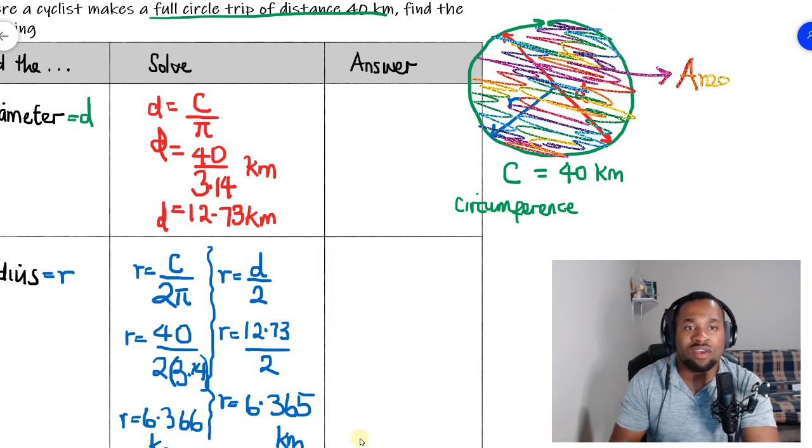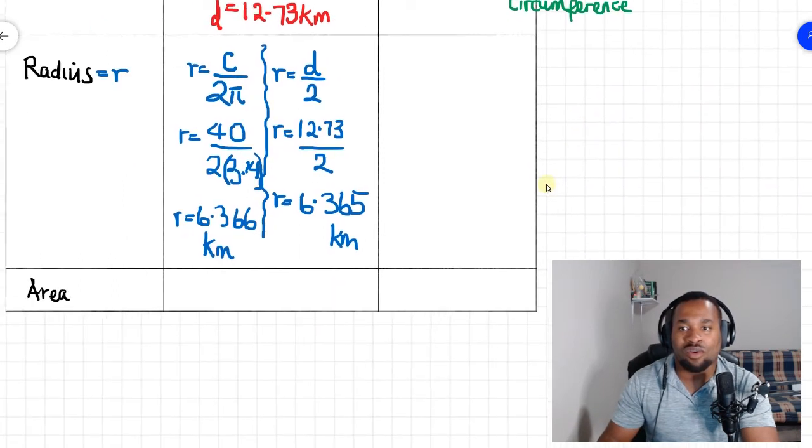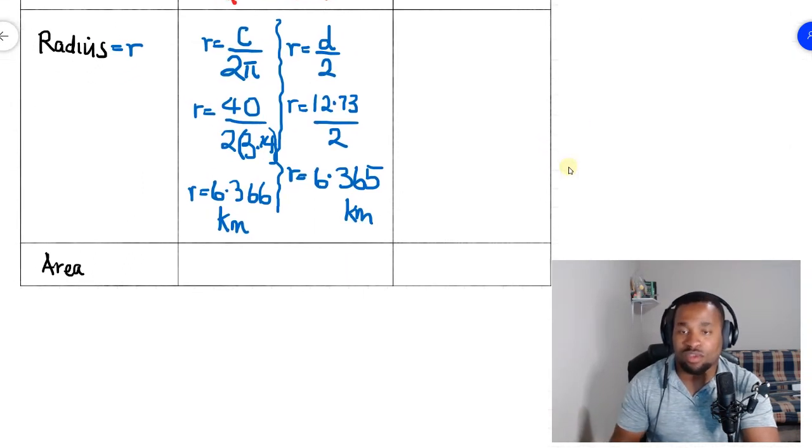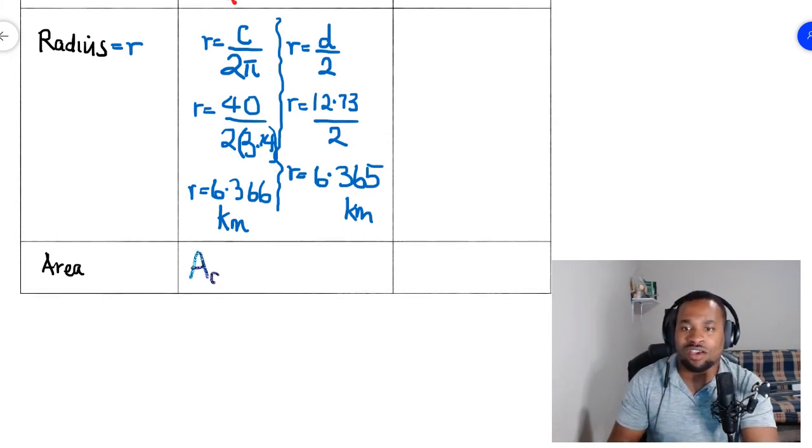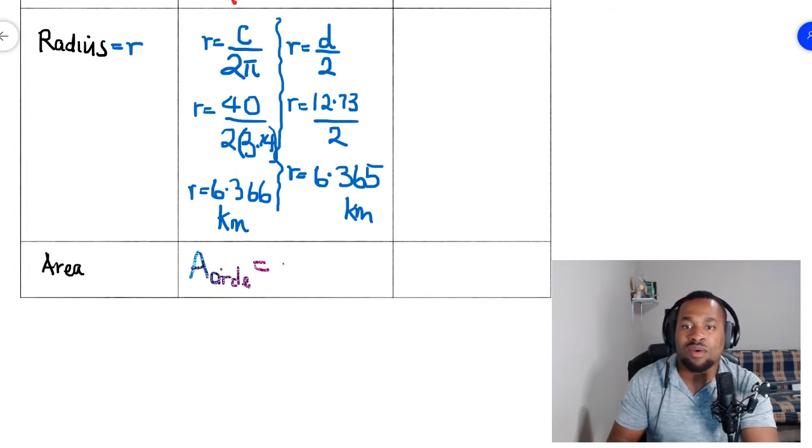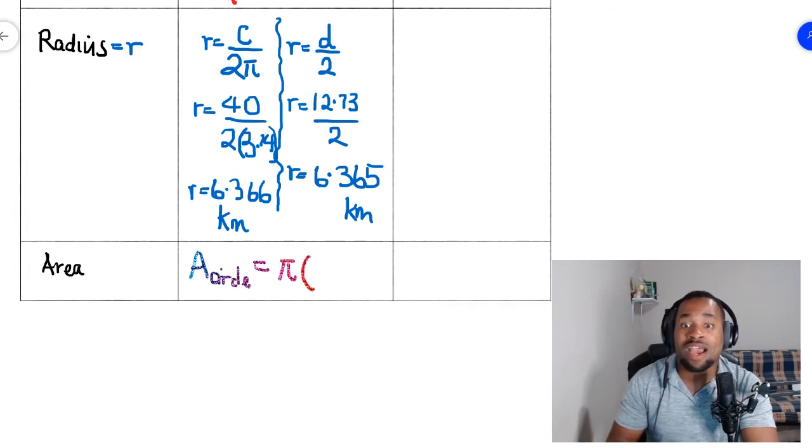And so the area of our circle is determined to be what? So when you play around with the formula which was given, we know that the area of a circle is equal to pi multiplied by the square of our radius.